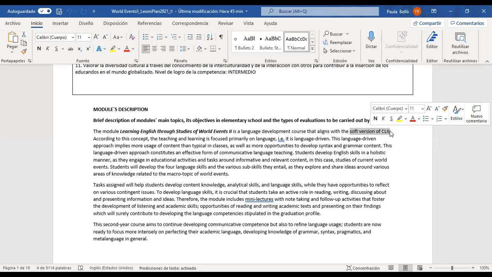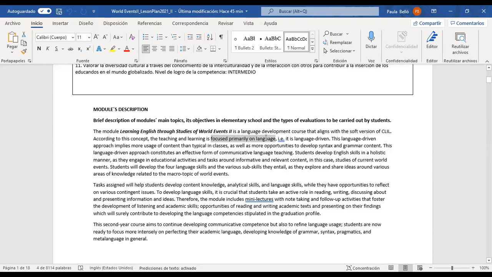And we made this comparison that, for example, in World Events 1, as well as World Events 2, you are developing a soft version of CLIL since you are not learning content per se. We are not learning historical current events in themselves, but we are learning English language, yes?